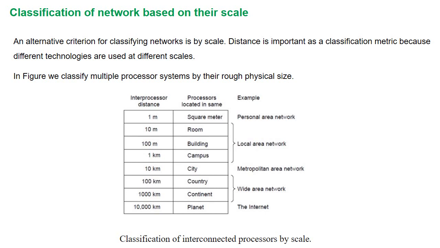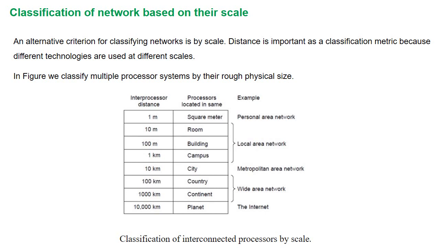If it is 10 meters, 100 meters or 1 kilometer, it is a local area network. If it covers 10 kilometers, it is a metropolitan area network. If it covers 100 or 1000 kilometers, either a country or continent, it is a wide area network. And if it connects the planets, it is the internet.